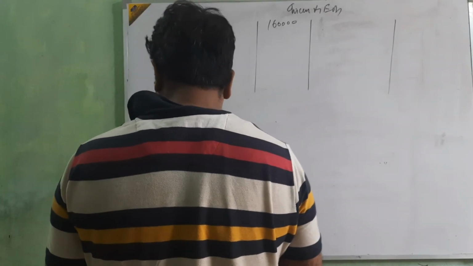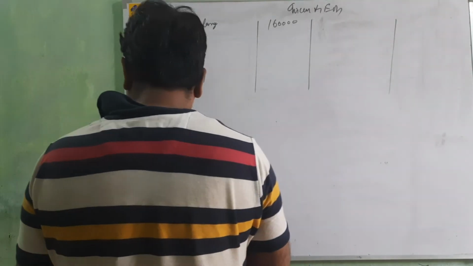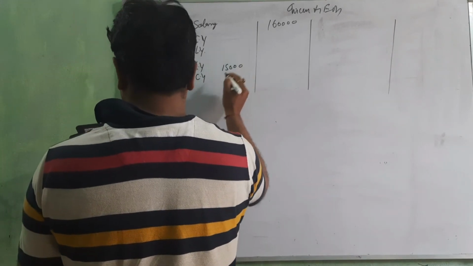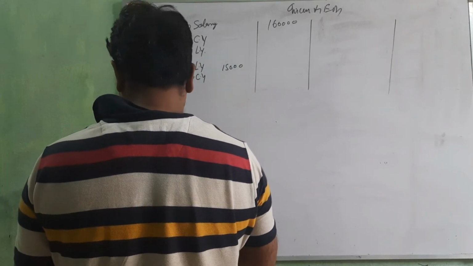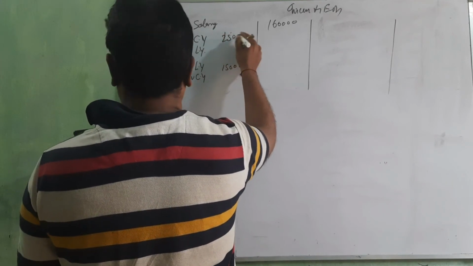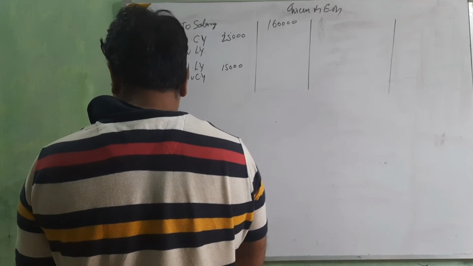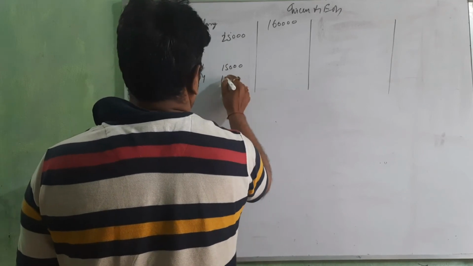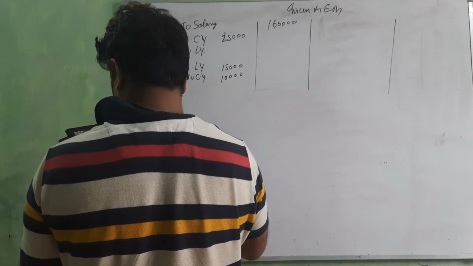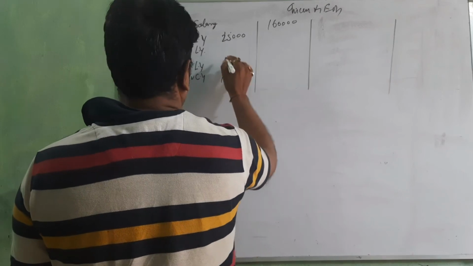Now show the values. It's for 2021; 21 is the current year and 20 is last year. Last year outstanding is 15,000. Current year outstanding is 25,000. Current year advance is 10,000 and last year advance is 12,000.